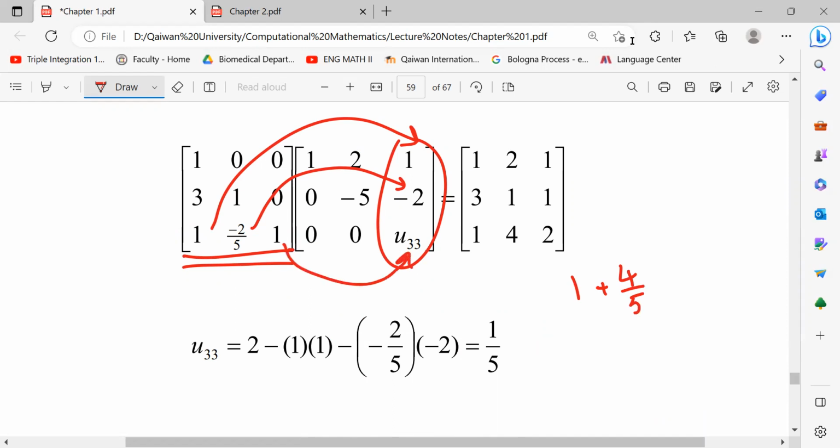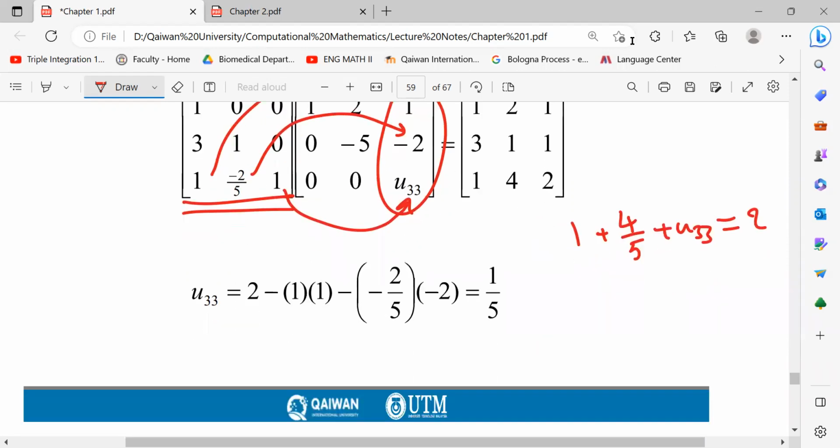Then 1 times U33 equals 2, because here we multiply third by third, so it is this position. It equals 2.